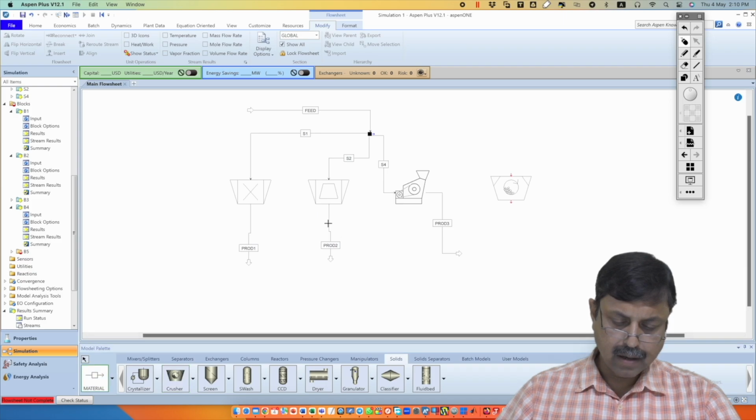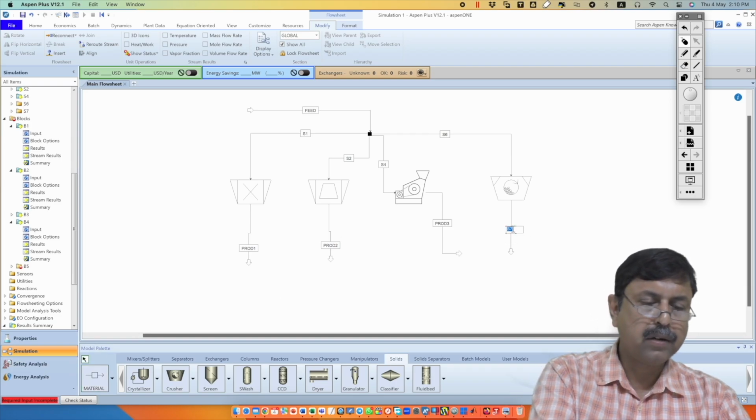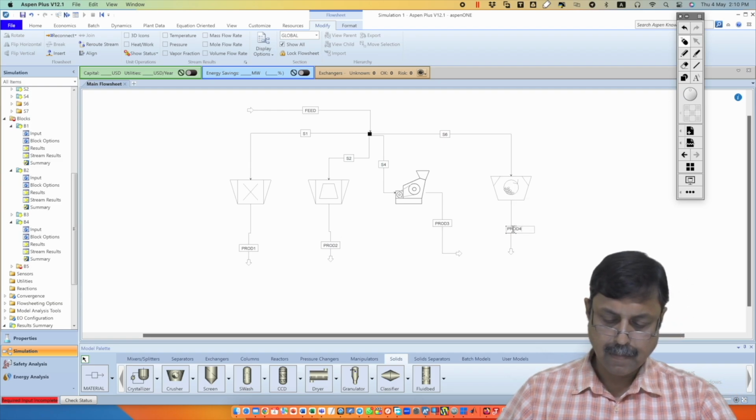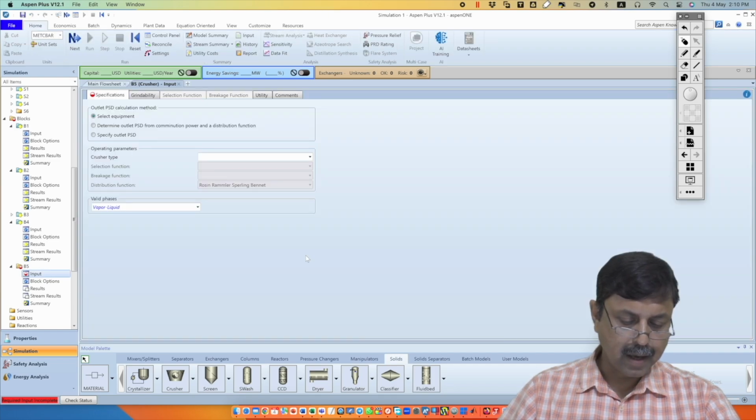And again, we are supplying the feed to the ball mill, and the products coming out. Let us rename it as product 4. Now set the ball mill input parameters. Yeah.